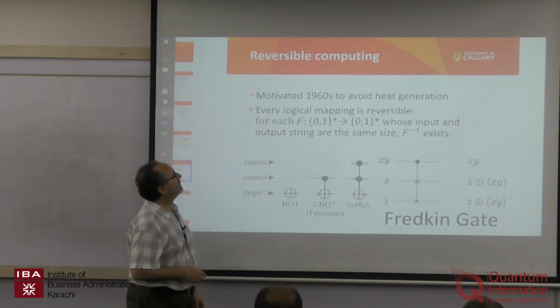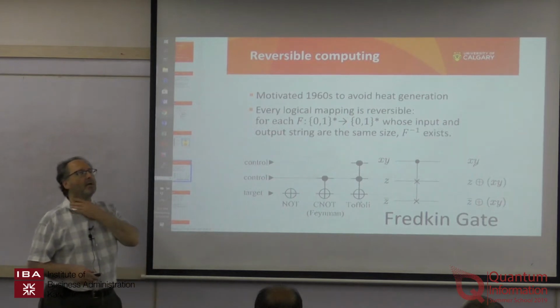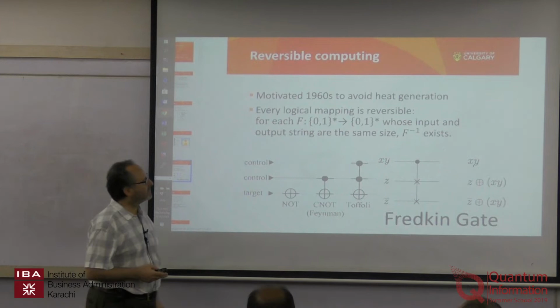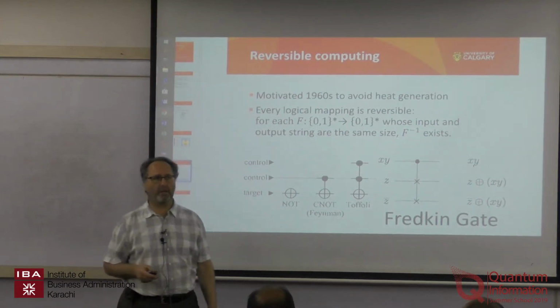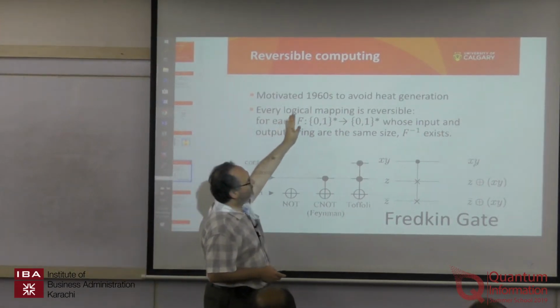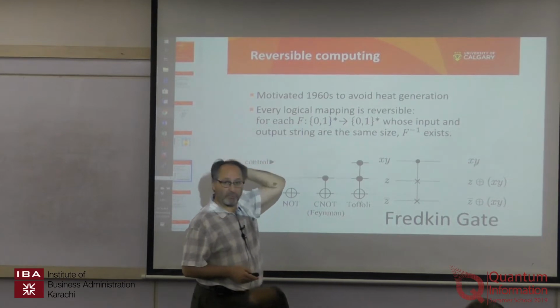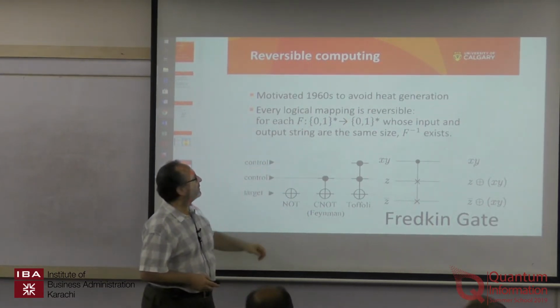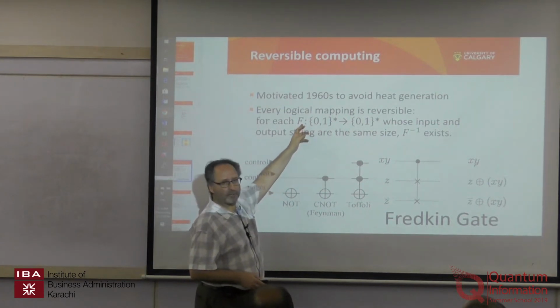So then out of IBM in the 1960s, the idea was to start doing, I didn't put all the details down, but I'll explain. The idea was to replace Boolean logic by reversible computing. And reversible computing has the property that every mapping is reversible.